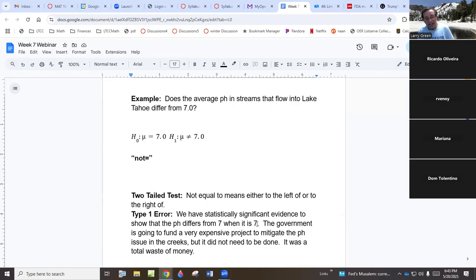If that happened, then the government will be able to fund a very expensive project to mitigate the pH issues in the creek. But it didn't need to be done because the creeks were fine. And the big ramification is it's a total waste of money, because you're going to spend all this money to deal with pH issues, and you didn't need to, but you still spent the money.